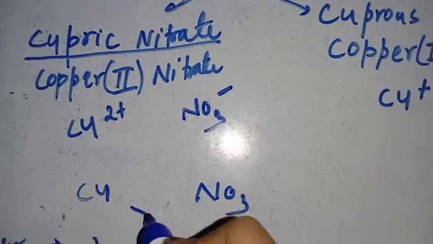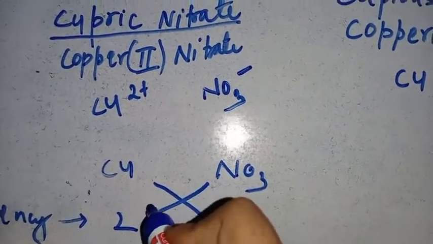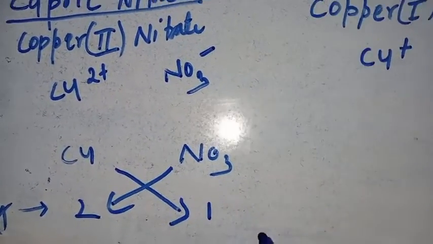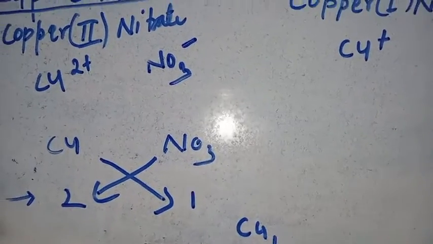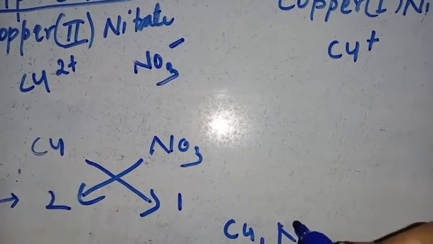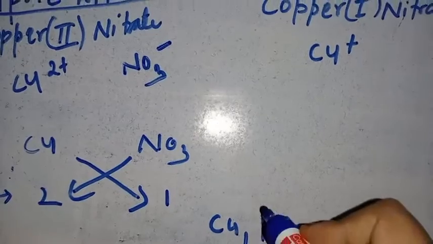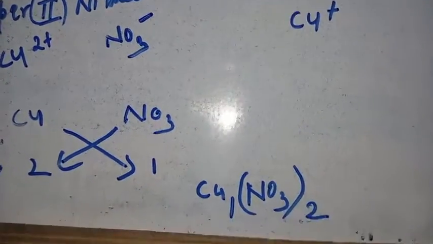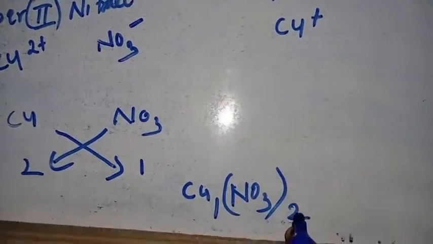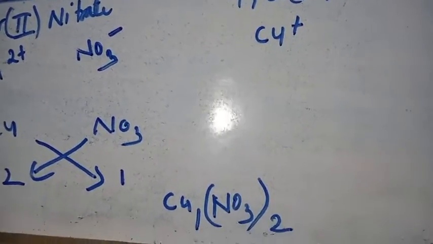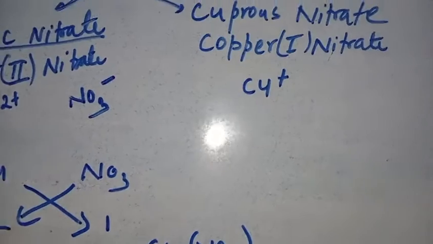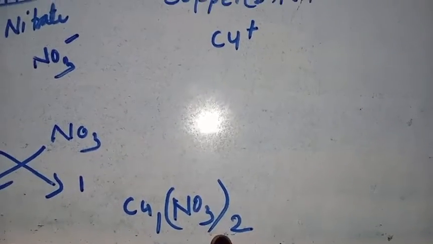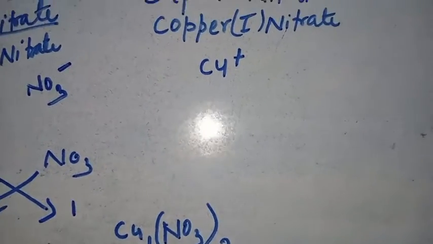We will do criss cross, and copper acquires Cu1 and nitrate acquires NO3 with 2. So we will put a bracket here, so that it shows that 2 belongs to the whole nitrate group. If you don't put the bracket here, it will be confusing.